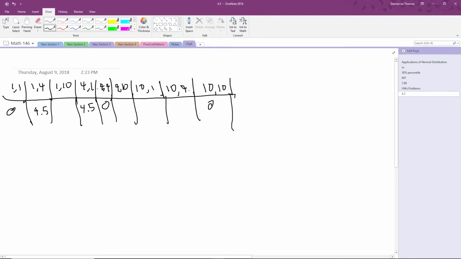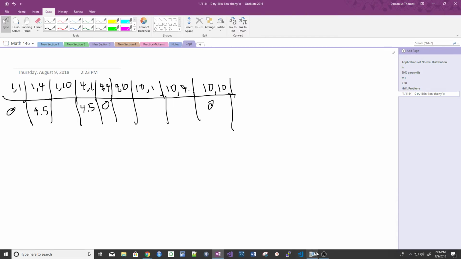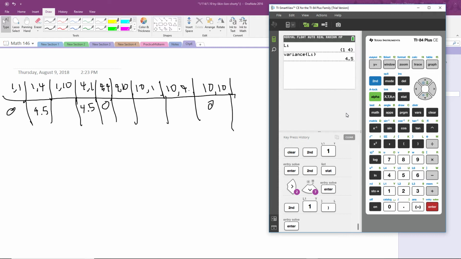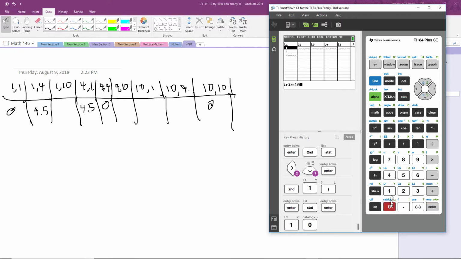So now I got to do 4, 10 and 10, 1. And then I think we'll be done. So let's go back into stat, and this time we'll edit it, and instead of doing 4, 1, we'll do 10, 4.